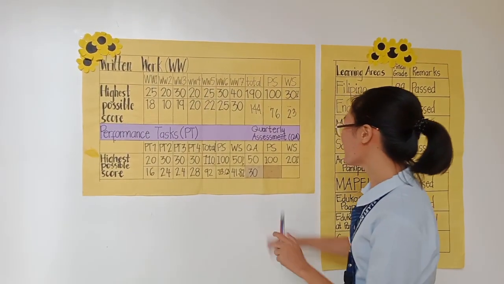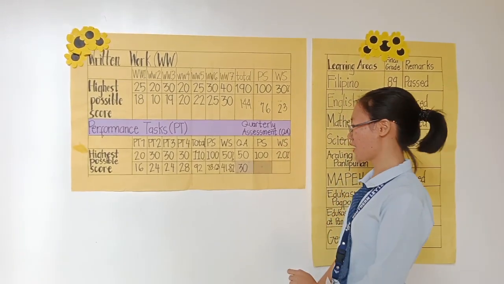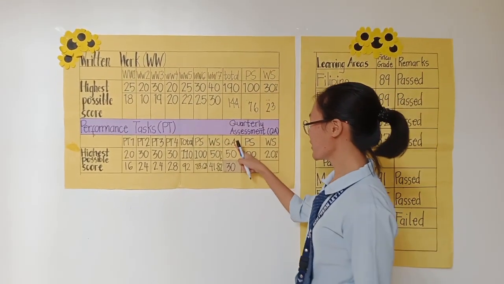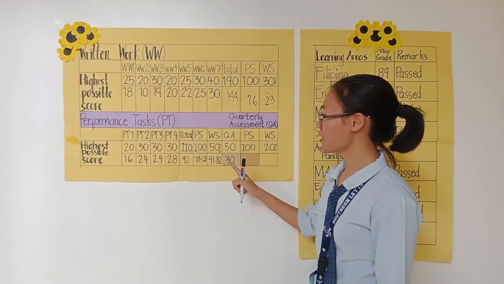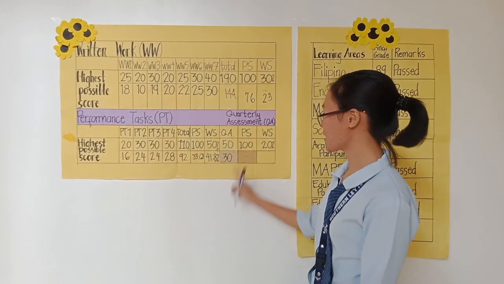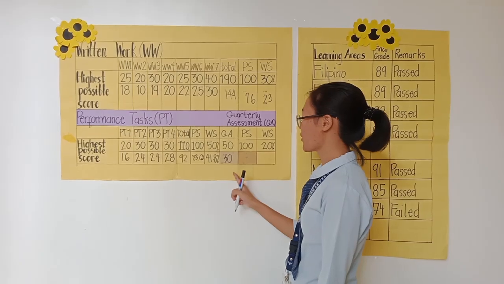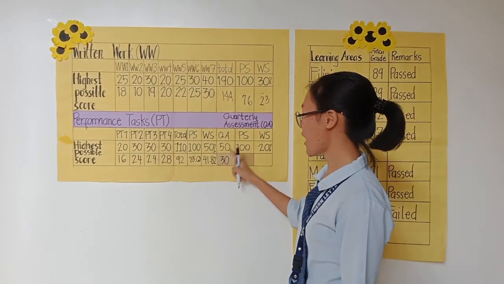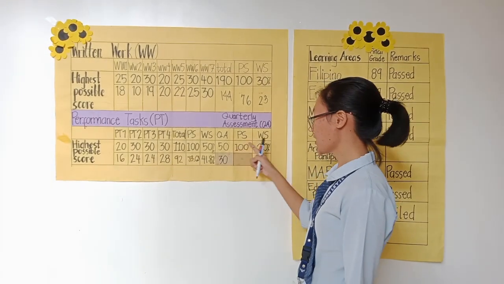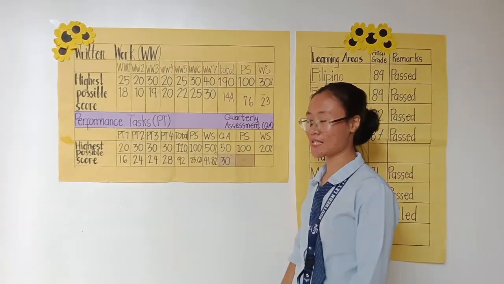So we are now in quarterly assessment. In quarterly assessment, its highest possible score is 50 and her raw score is 30. So let us divide the raw score 30 by the highest possible score 50. So it is 0.6.